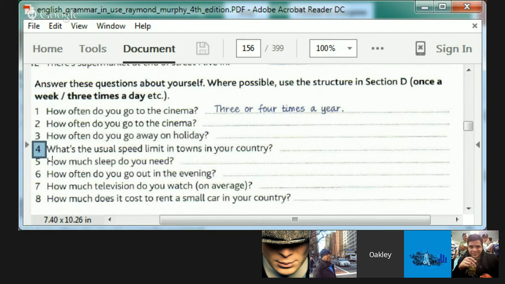What's the usual speed limit in towns in your country? I think it's 60 kilometers per hour.